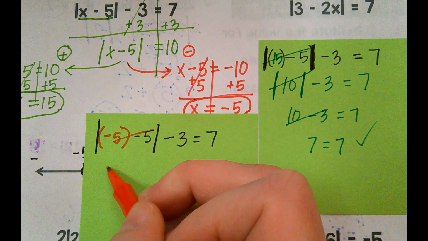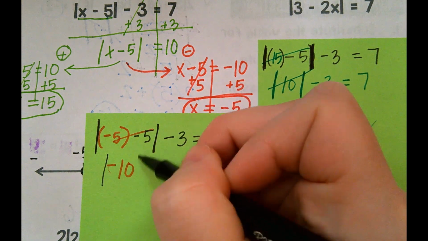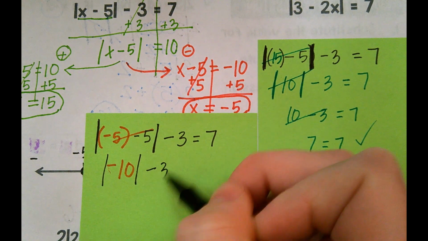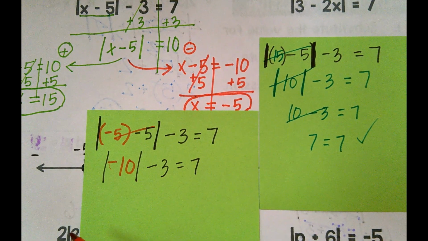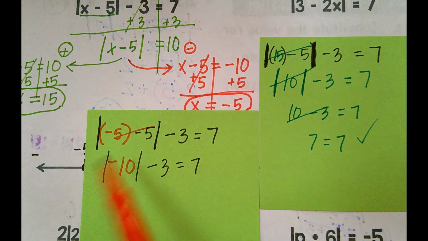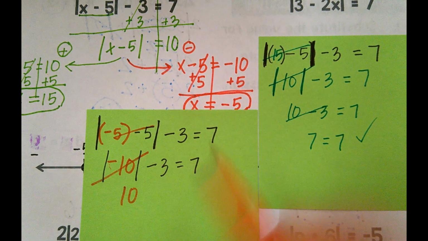What comes down? The absolute value brackets, minus 3, equals 7. Now what? The absolute value of negative 10 is positive 10.